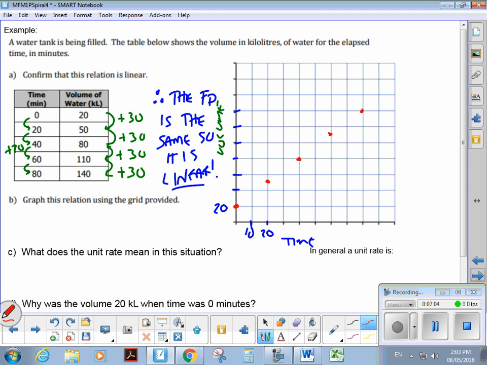There we go. So look at that. Using a ruler, it is a linear relationship. All the points plot on there. So graph it. So C graph. Excellent.